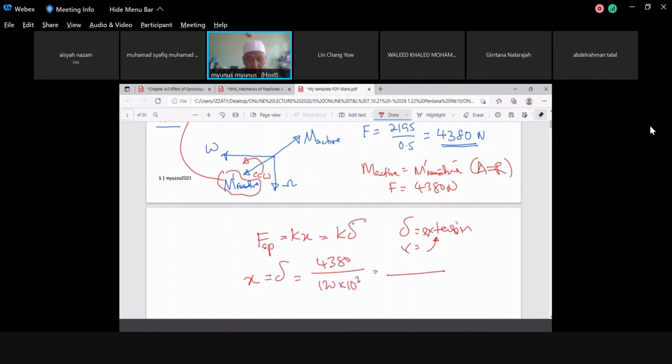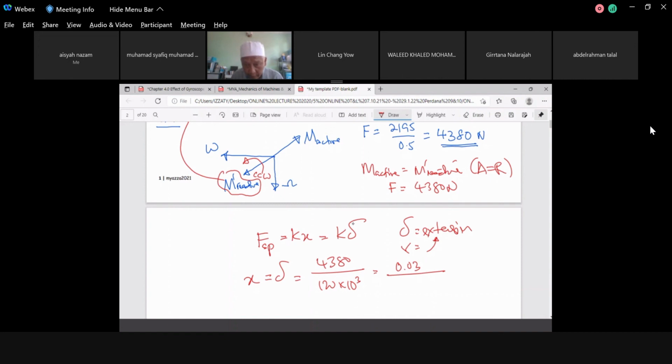So what do you have here? Anyone? Could anyone tell me what would be the value here? 0.037 meter, correct?